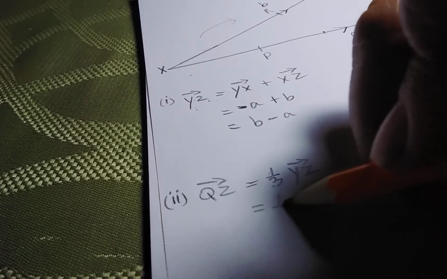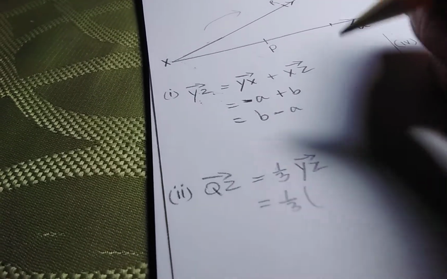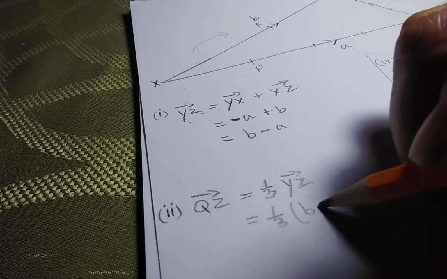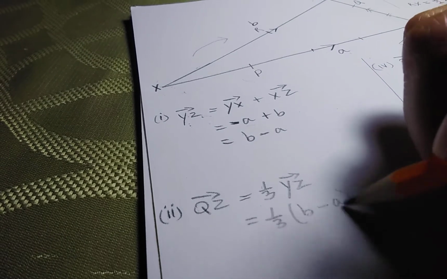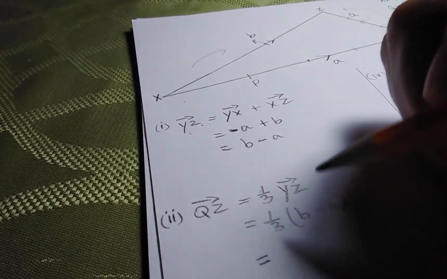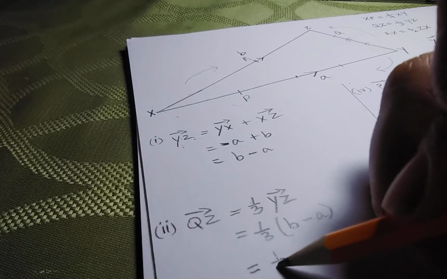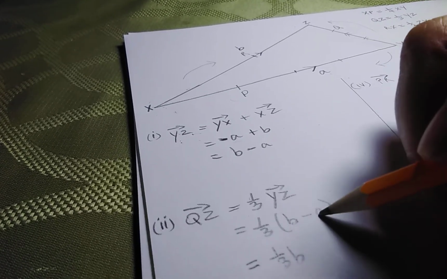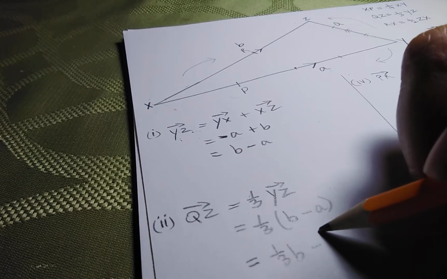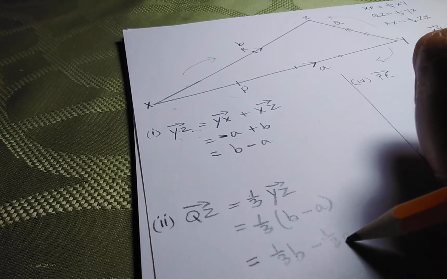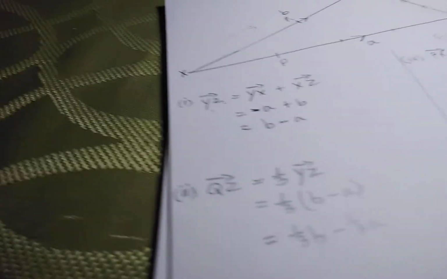We just worked out vector YZ. Vector YZ is b minus a. We're going to use the distributive law to expand the bracket. So 1/3 times b is 1/3 b. 1/3 times minus a is negative 1/3 a, and that's the answer.